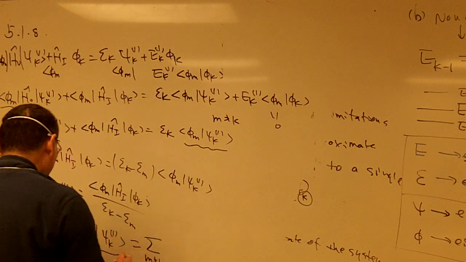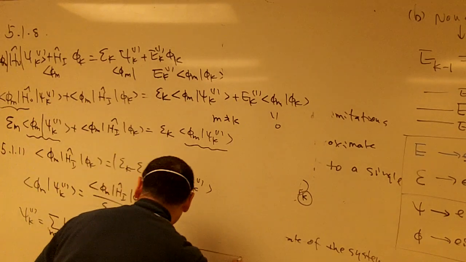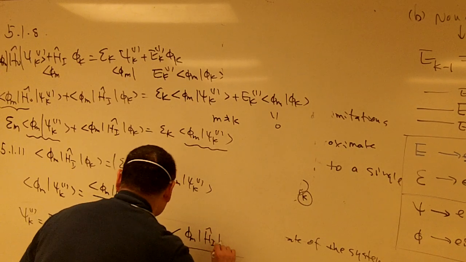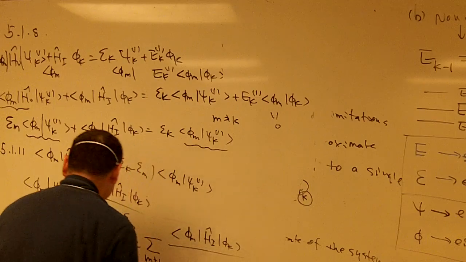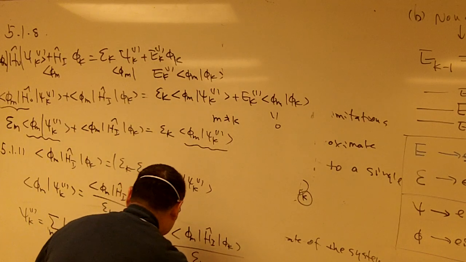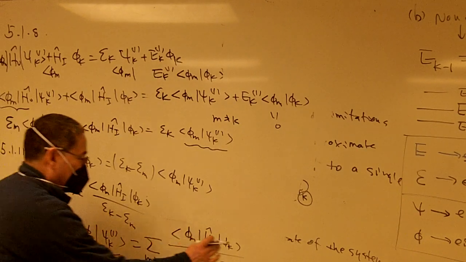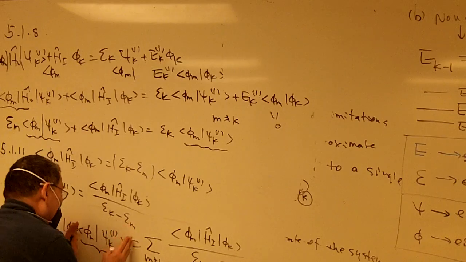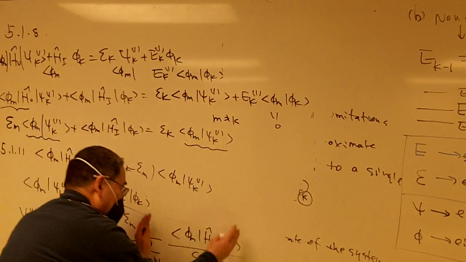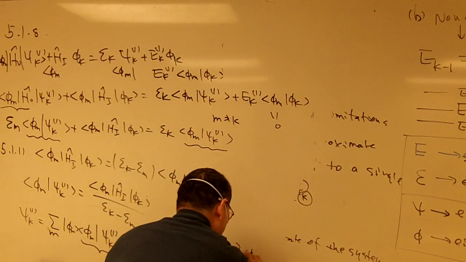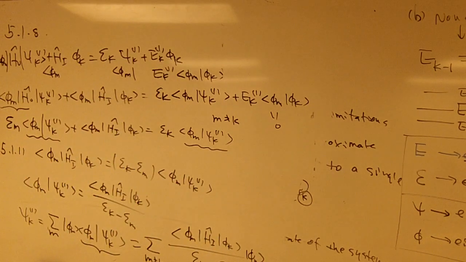So then you will have this bunch of coefficients, phi sub n h hat phi sub k, and then we have the denominator epsilon k minus epsilon n. So this is what we have. Now we still have this guy that remains, so therefore you can see that n. This part is a number, this is a number, and I have the wave function phi n behind here. So that's how the perturbation wave function is determined.